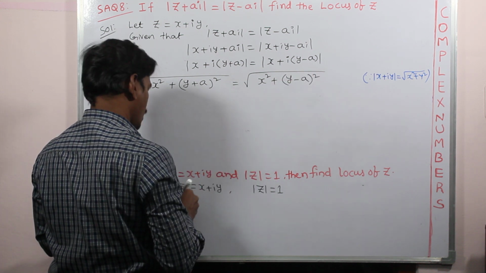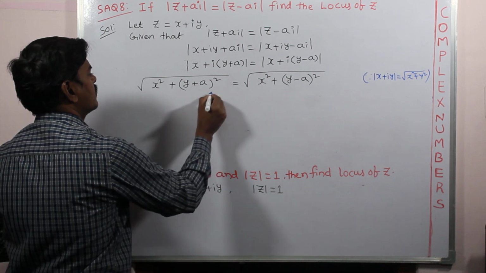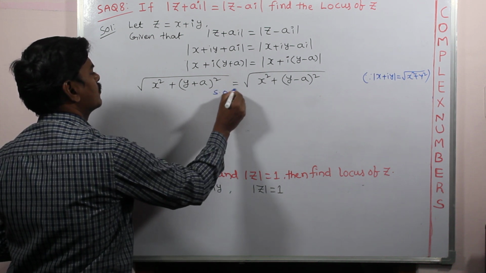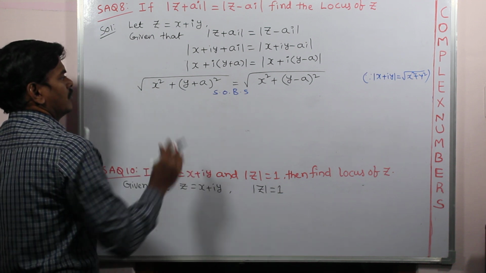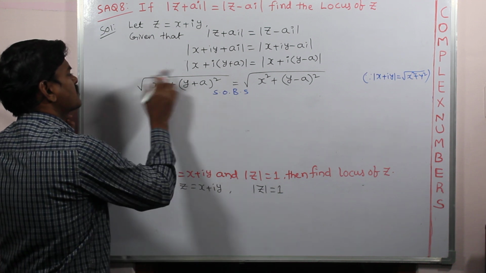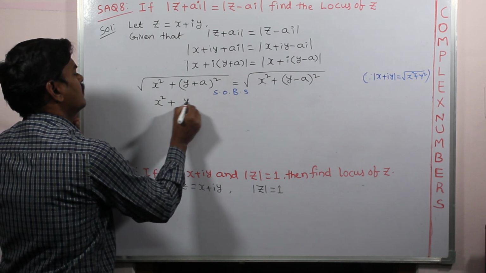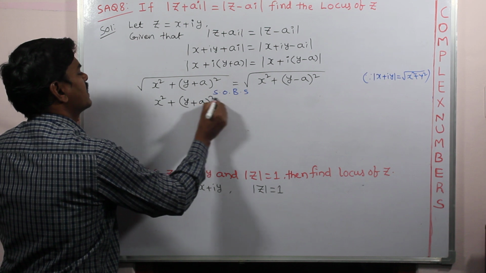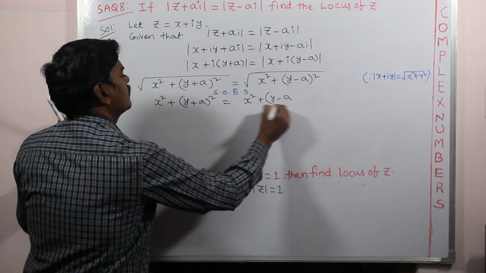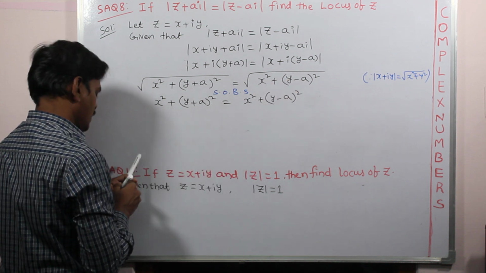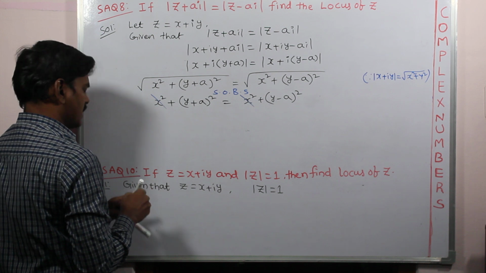Now we have square root on both sides. To remove the square root, go for squaring on both sides, so the square root gets cancelled. You will get x squared + (y + a)^2 = x squared + (y - a)^2. Now from both sides x squared can be cancelled.